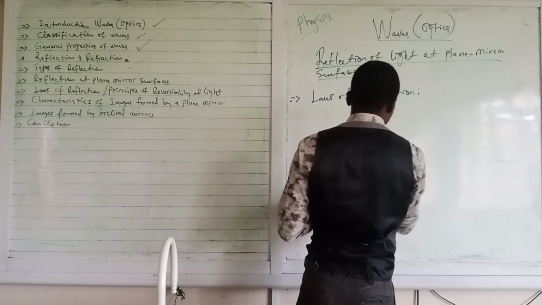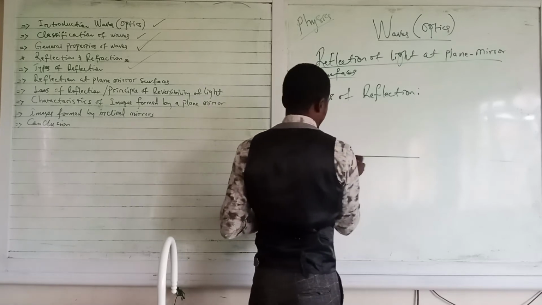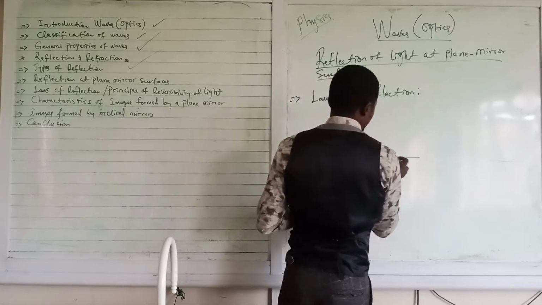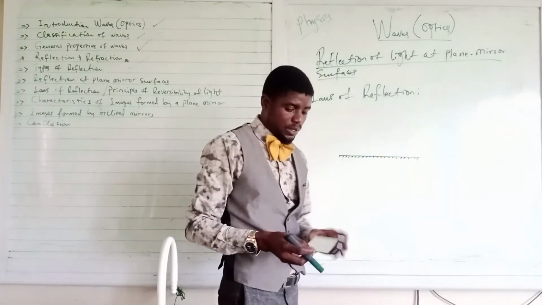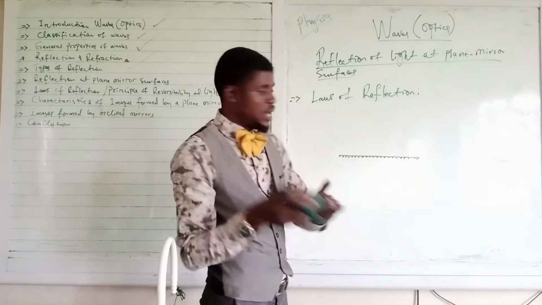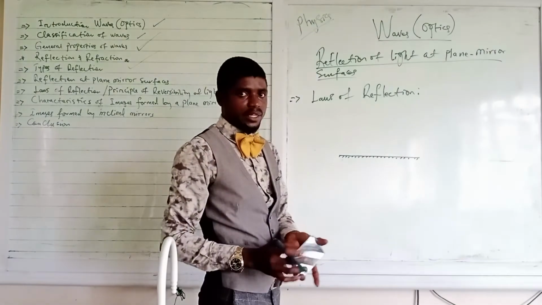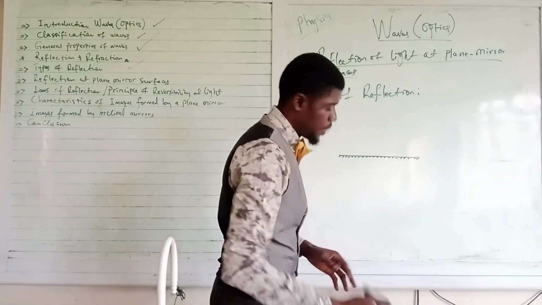I'm going to use this diagram to explain what I mean by the laws of reflection. Draw a plane mirror. If you pick up your plane mirror, this side is the back and the other side is the reflecting side. That is what you see in the diagram like this.